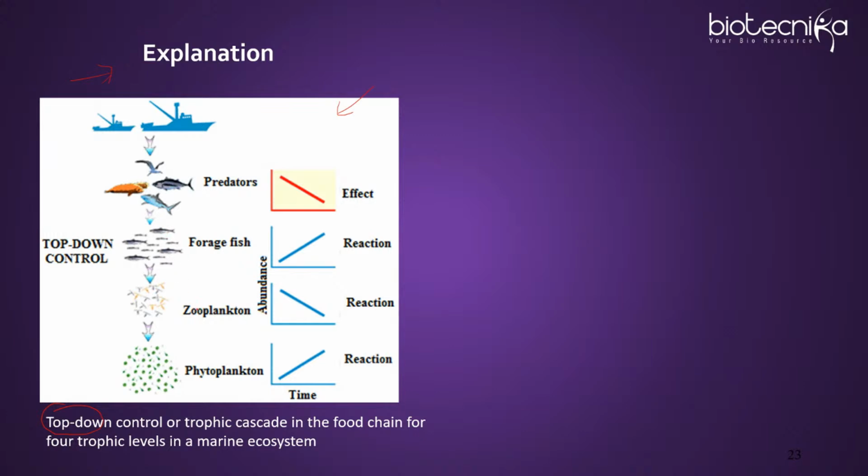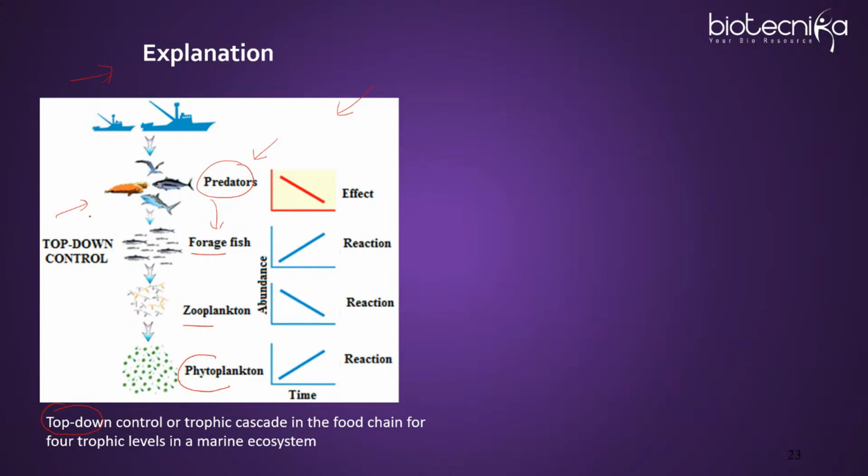Right at the bottom, we have phytoplanktons, then zooplanktons, then small fishes, and then large fishes. The fishes at this trophic level are known as piscivorous fishes, because they eat other fishes. So, fish eaters.